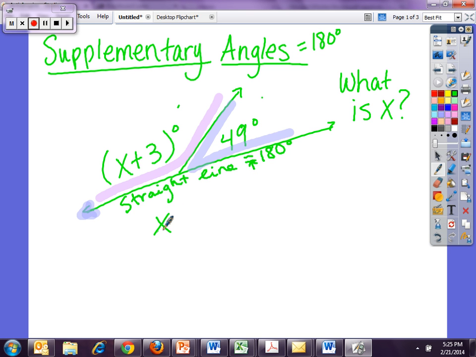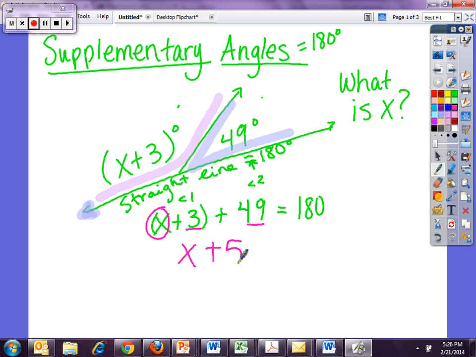So if I have x plus 3, that's angle 1, plus 49, which is angle 2, okay? And it equals 180 degrees. So now I have to combine my like terms. Okay, so I have no more x's, so I bring down my x. Then I have 49 and 3, which gives me 52.